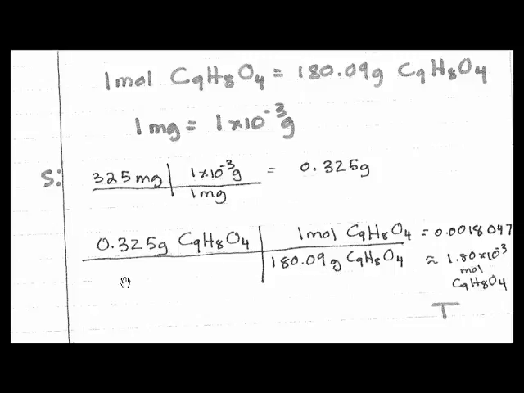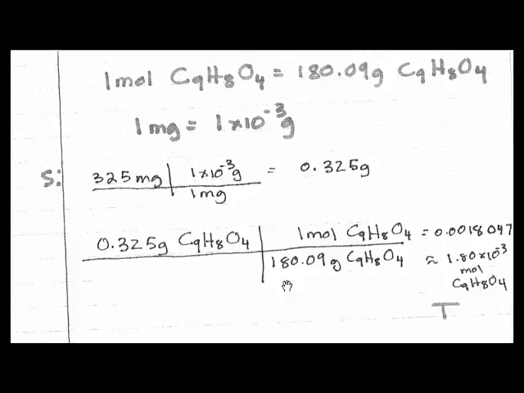Gram divided by gram will cancel out, and when I divide 0.325 by 180.09, I get 0.0018047. Now the units are going to be moles because my moles have not canceled out. And since I'm given 3 sig figs, I want to express my final answer in 3 sig figs.